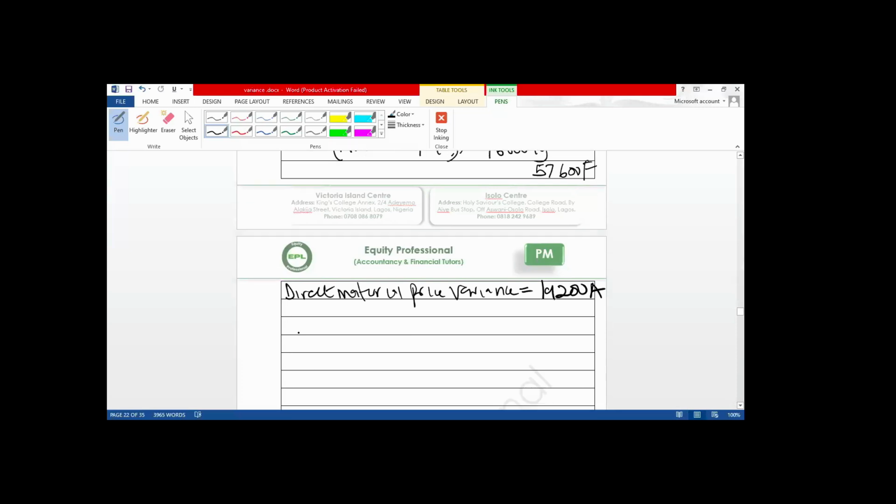We now come to direct material usage variance. Again, you are going to calculate individually. For material A, standard material for actual production.